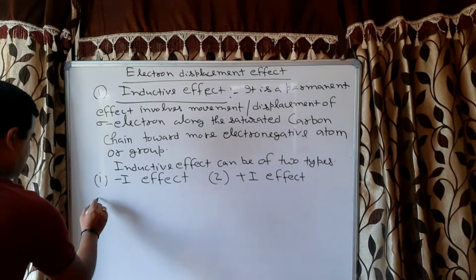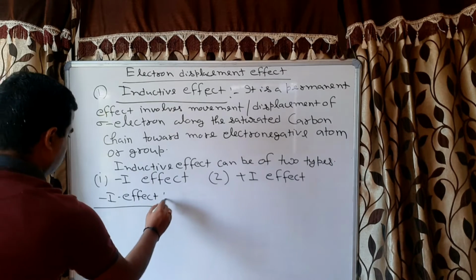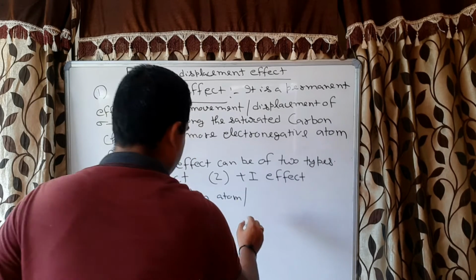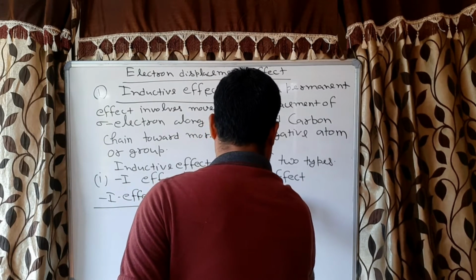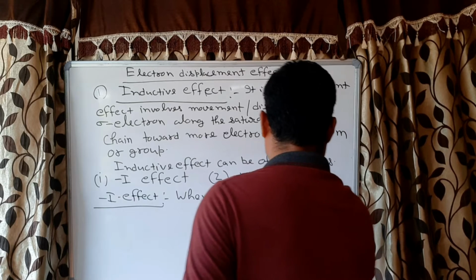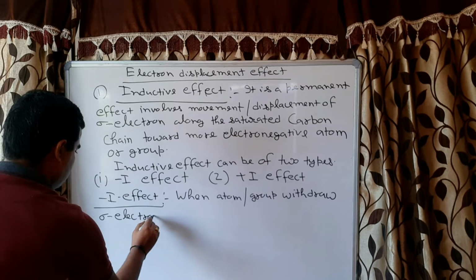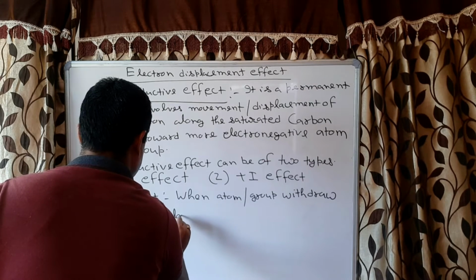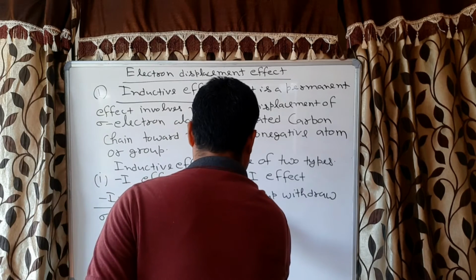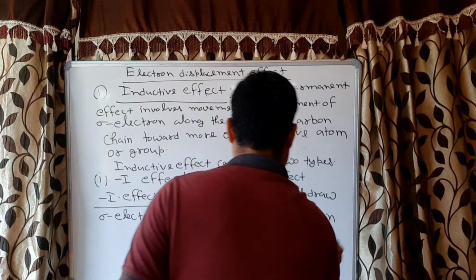So minus I effect is when atoms or groups withdraw sigma electrons, correct or not, along the saturated carbon chain, but where?